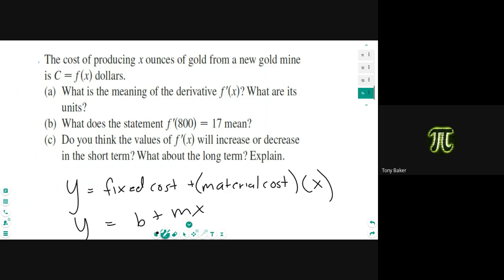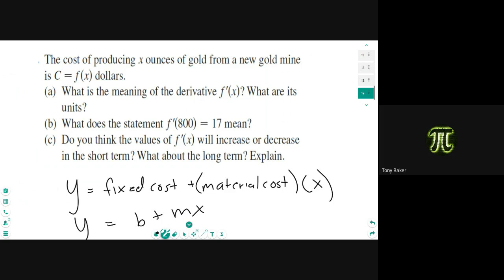Slope's got to be something, right? Dollars per ounce. Yeah, that's fine. In this problem it's dollars per ounce, dollars per house, dollars per toy, whatever it happens to be. But it's dollars per. Remember, slope's got to be a division, so it's got to be something per something. Dollars is on top because that's your y, over ounces, which is your x.